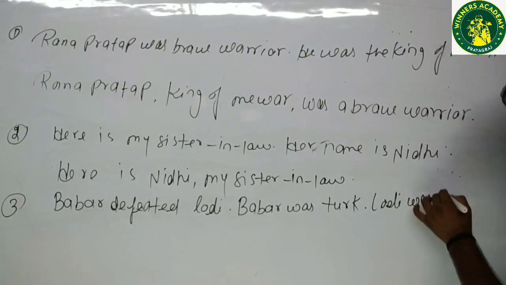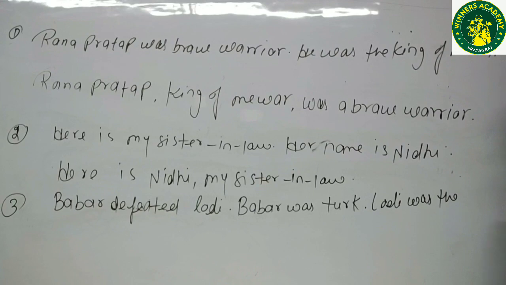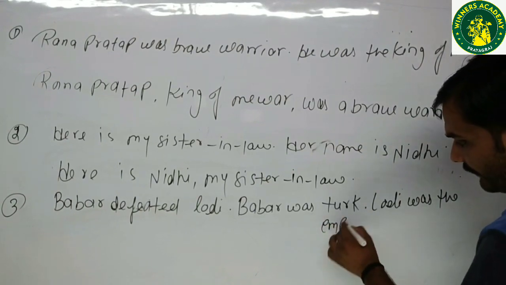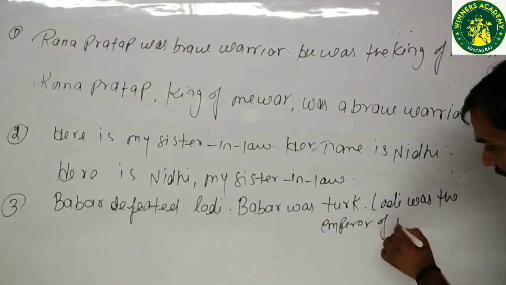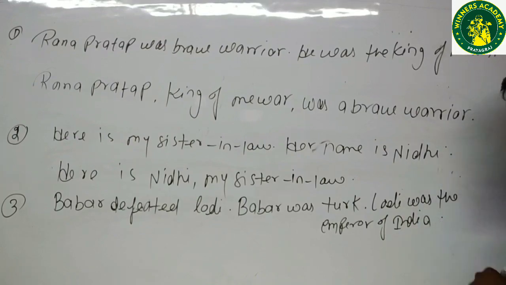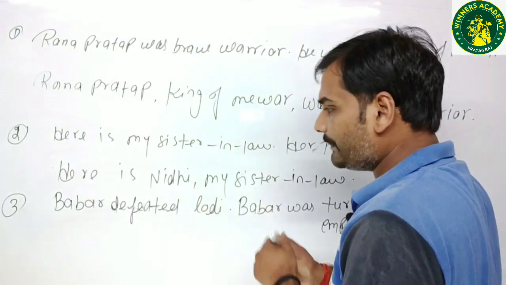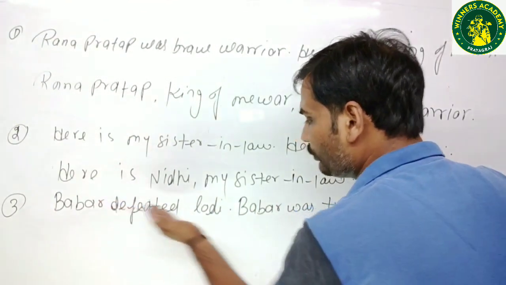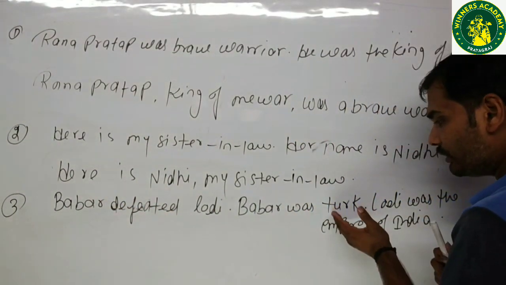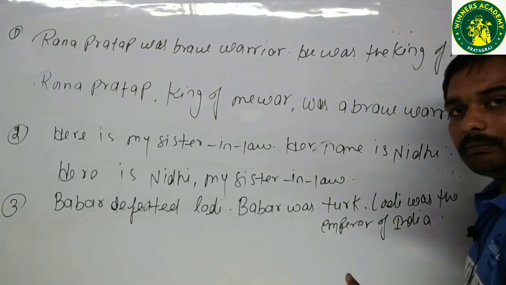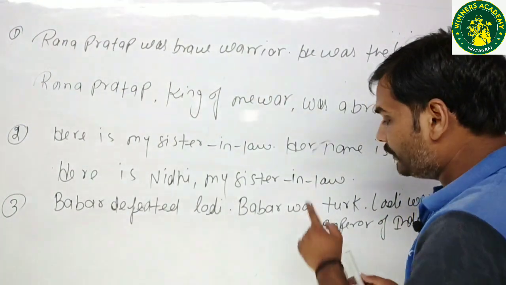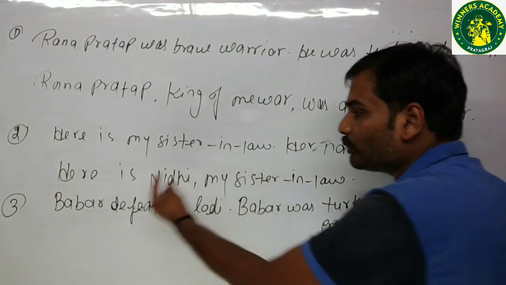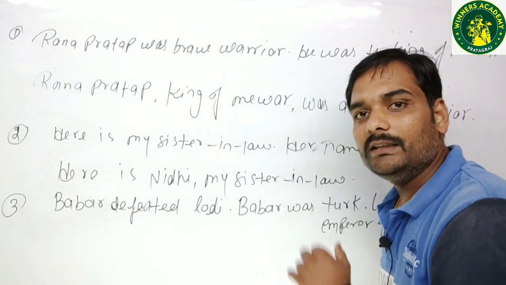Now, when this sentence comes before you, what do you need to do? First, we have to see who is talking about whom, meaning Babur defeated Lodi. Babur was a Turk and Lodi was emperor of India. So if Babur is a Turk, is there a problem if we call him the Turk Babur?